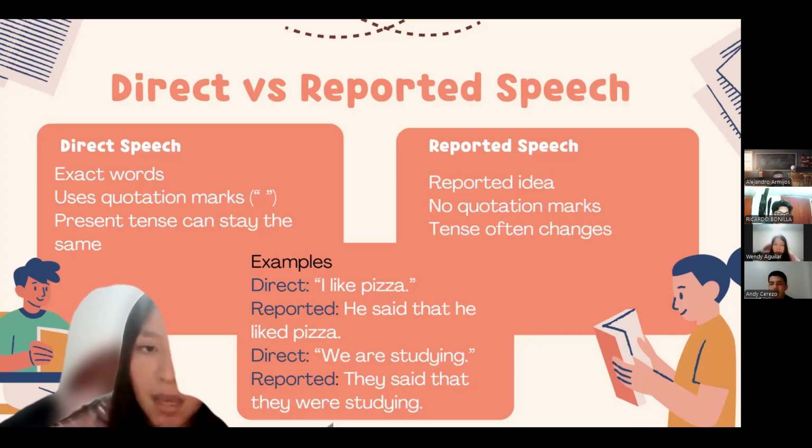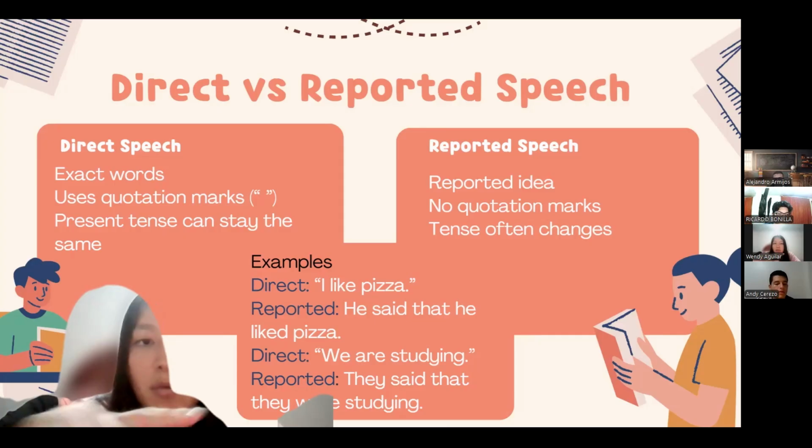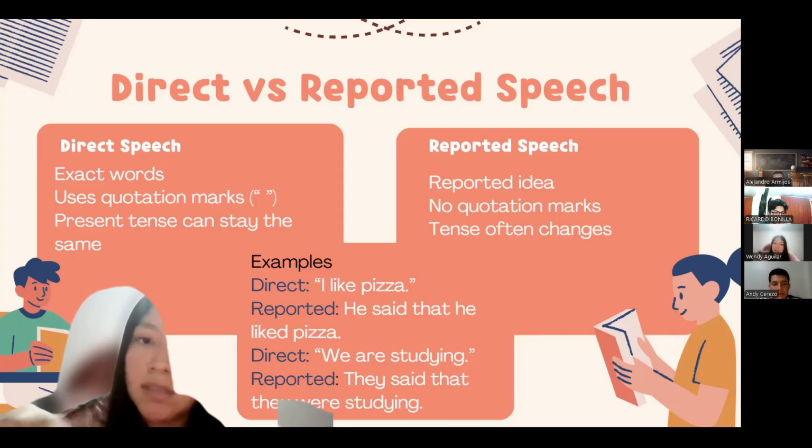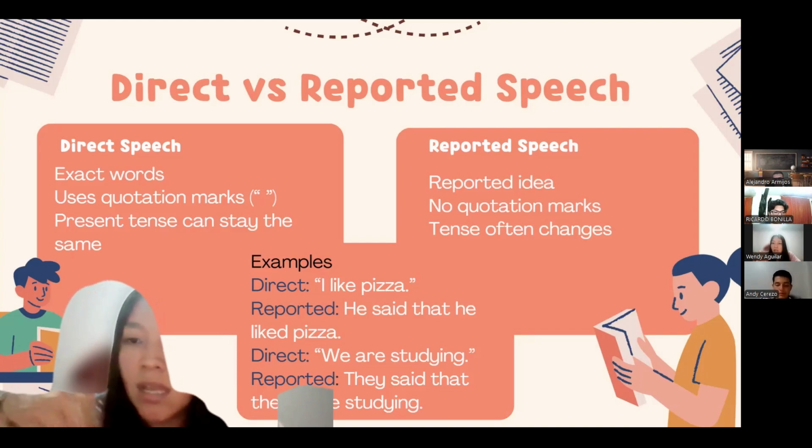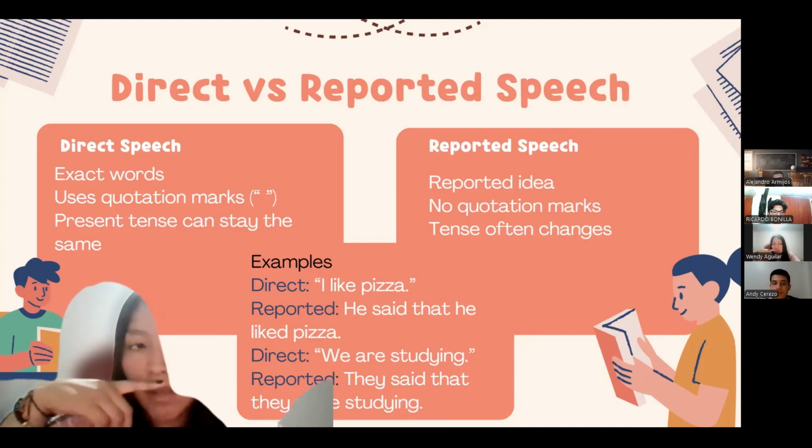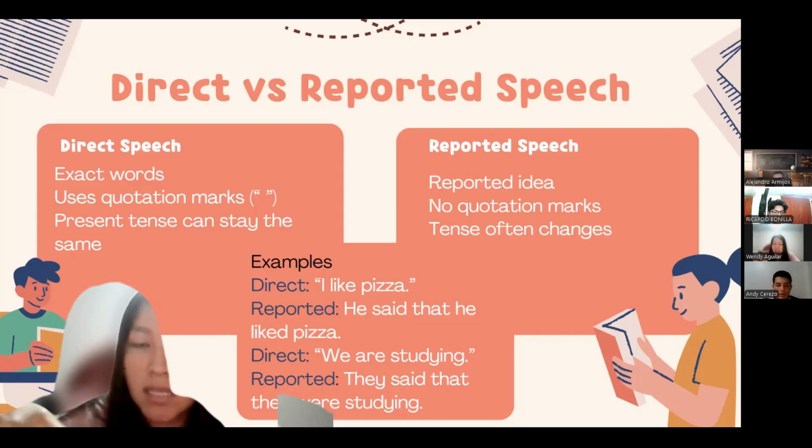So the main differences are: direct speech uses quotation marks and reported speech doesn't use quotation marks. In reported speech, verb tenses usually move one step back into the past. For this reason, this process is called backshifting.